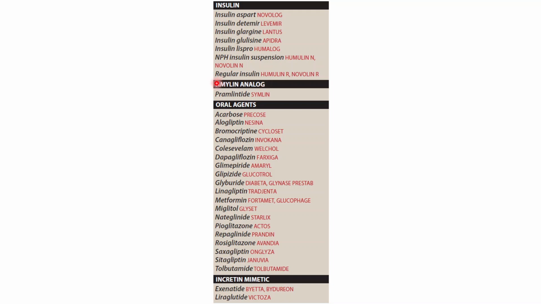So these two types of animals are used for the production of insulin, and the amino acid sequence of animal insulin is different from the human insulin.